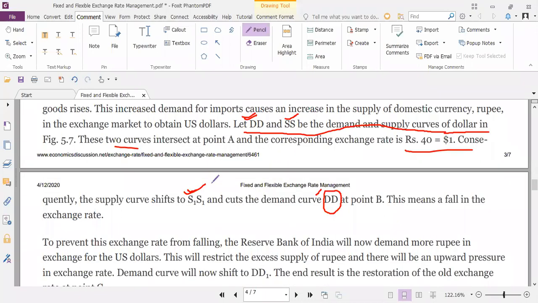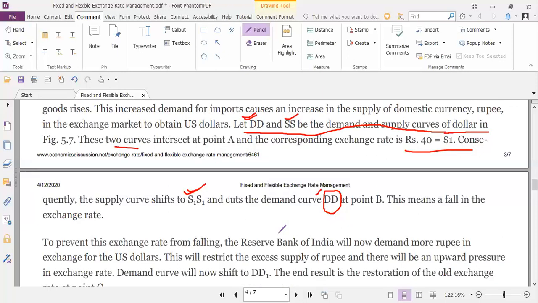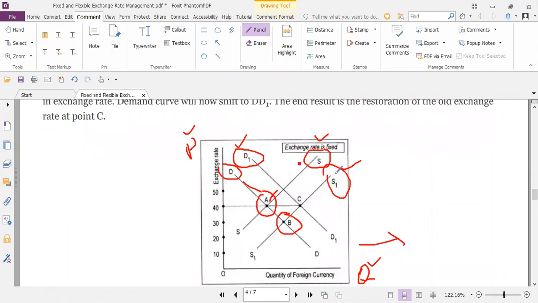This means a fall in the exchange rate. If the supply curve is moving downwards, you can see there is a fall in the exchange rate. Where will you see the exchange rate? Here on the y-axis. Earlier, what was the exchange rate?